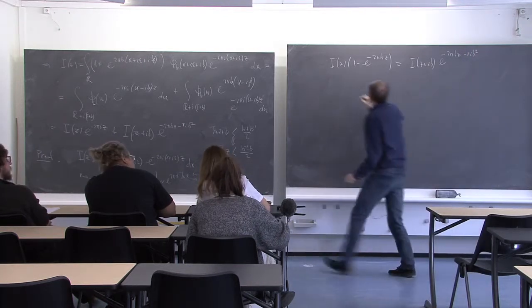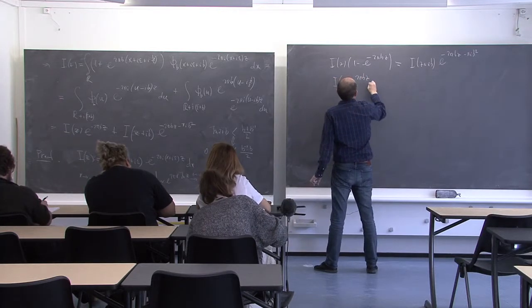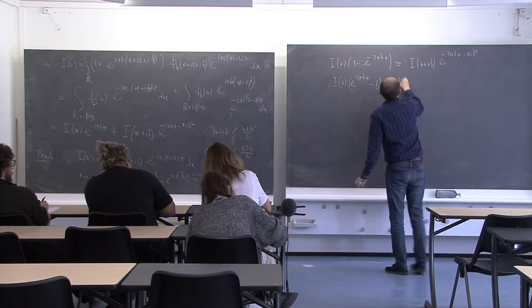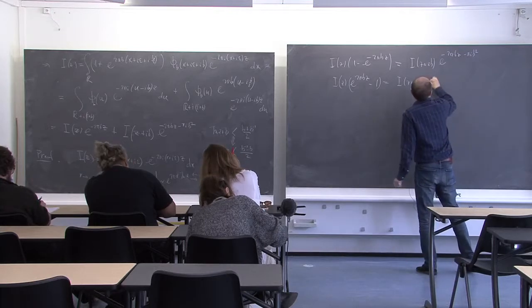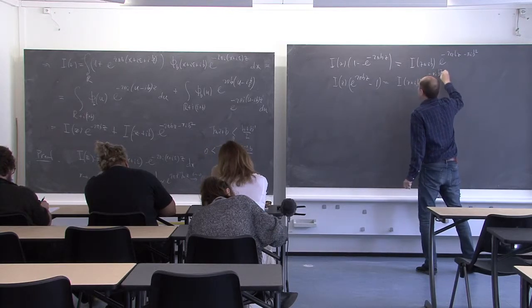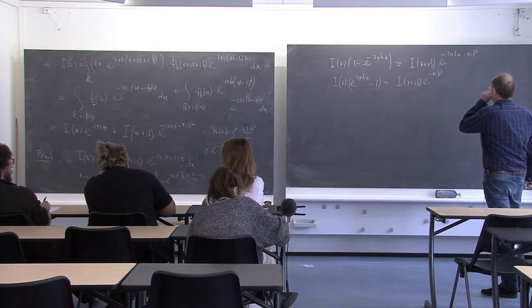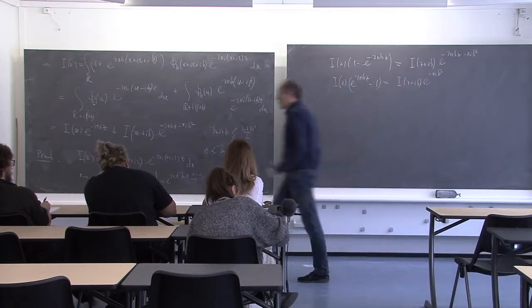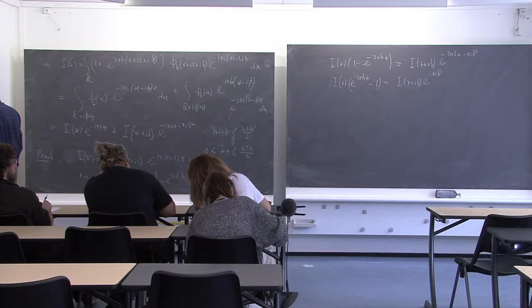Now I can multiply by e to the 2 pi b z minus 1 equals I of z plus ib times e to the minus pi i b squared. And is that correct? Yeah, that looks correct.